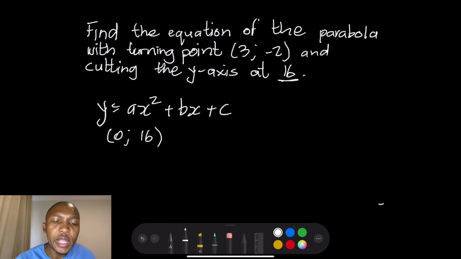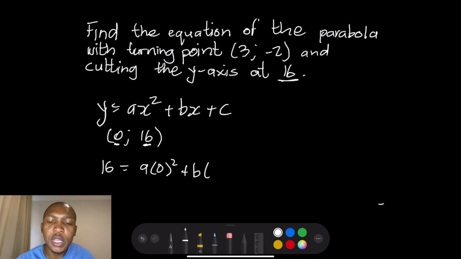So I'm going to substitute that into the original equation. Everywhere I see y, I'm going to substitute 16, and where I see x, I'm going to substitute 0. So this is going to be 16 is equal to a times 0 squared plus b times 0 plus c. That already automatically tells you that c is actually equal to 16.